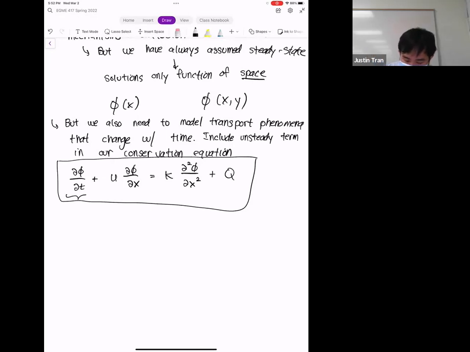Okay, so let me go ahead and label these guys. Our newest addition is this derivative with respect to time, and this represents unsteadiness. This here represents convection.